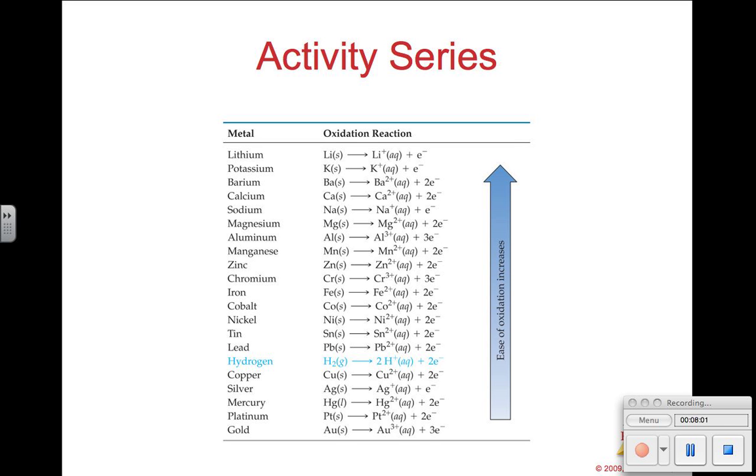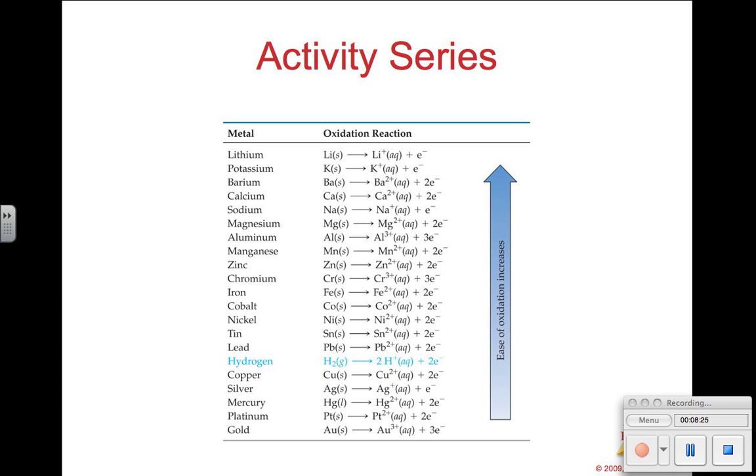The higher up on the activity series, the more likely that an atom is going to lose its electrons. So if you have things combined, the one that is higher on the table is going to be oxidized, and the one that's lower is going to be reduced.